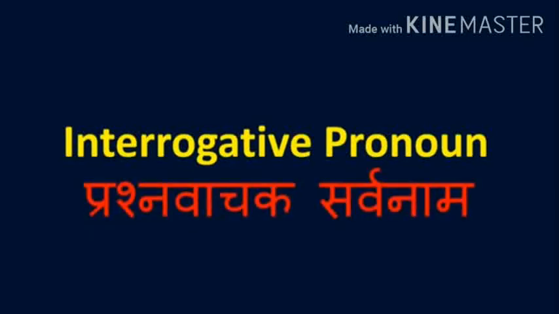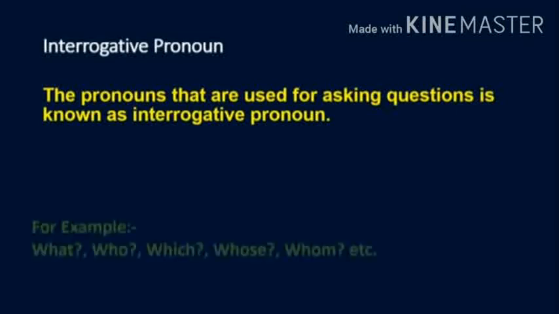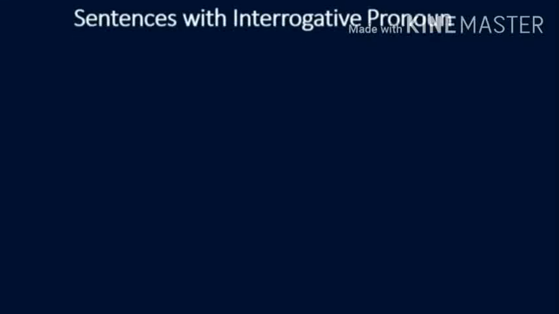Now we shall learn about interrogative pronoun. The pronouns that are used for asking questions are known as interrogative pronouns. For example, the interrogative pronouns are what, who, which, whose, whom, and so on.